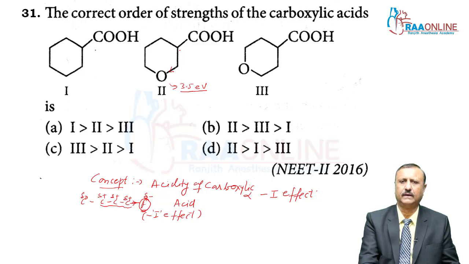That's why this oxygen attracts the electrons, and due to this, negative charge develops on this oxygen atom, and in this carbocation positive charge is developed. So this acid becomes more acidic in nature due to this.